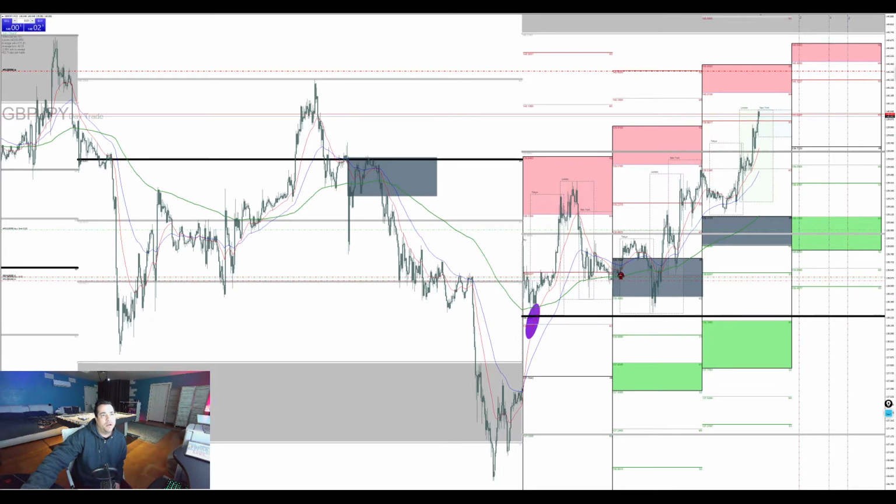There we go. I want to give it plenty of breathing room because it's such a volatile currency pair. I mean, we can easily do something like this. So I'm keeping my stops way down here.